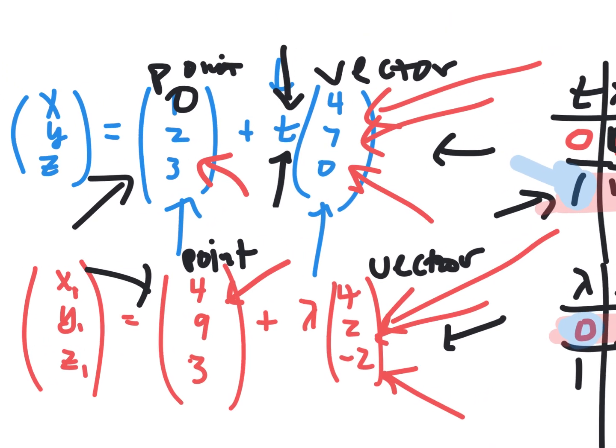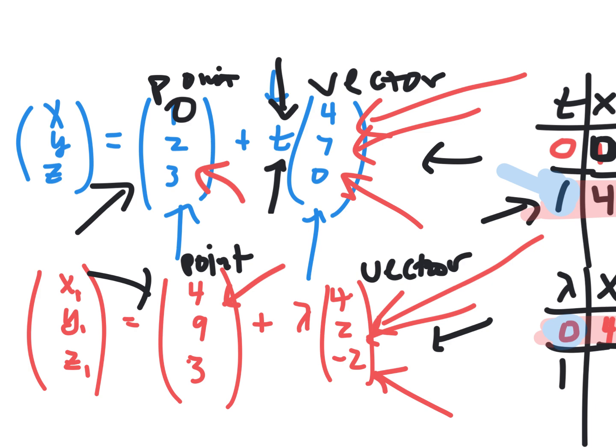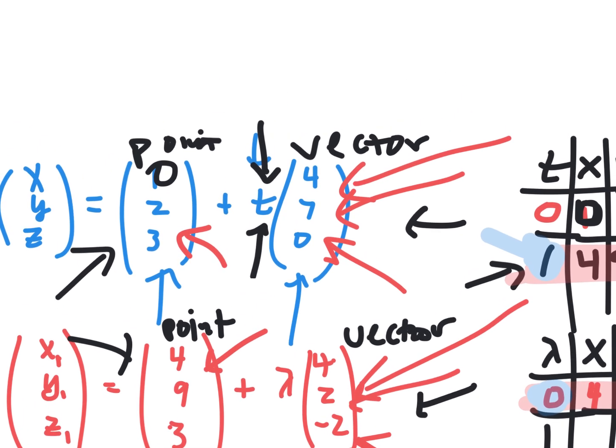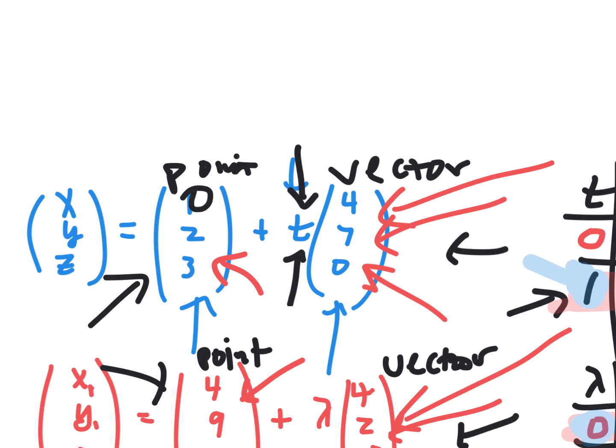The way you would normally solve them is to write 3 little equations for it. So this blue one, x equals 0 plus 4t. Do you see where I just got that from? Make sense?